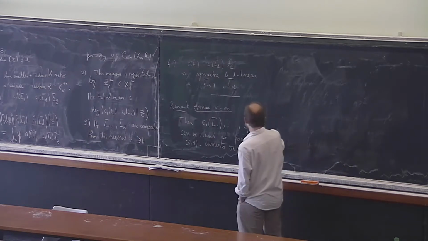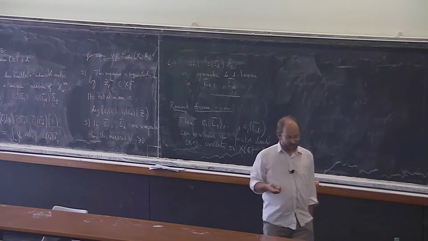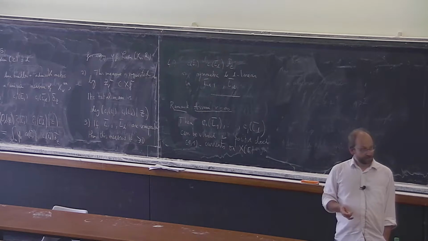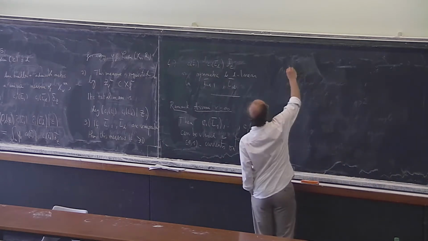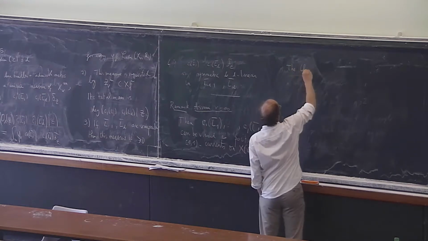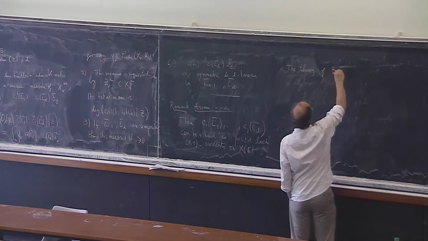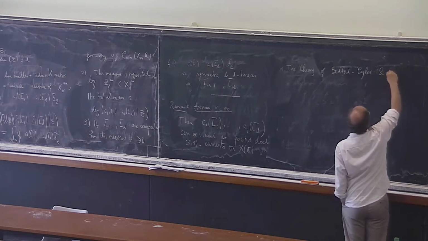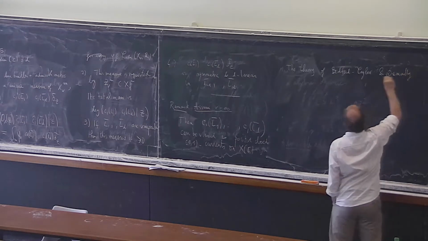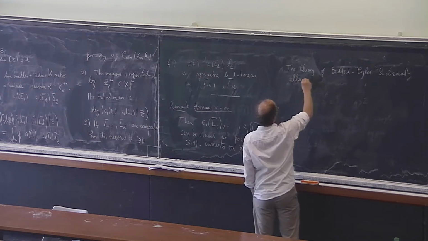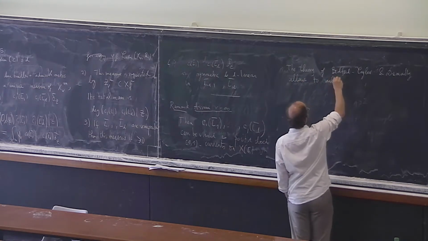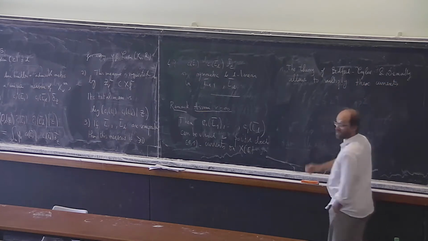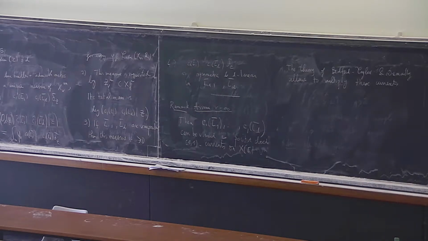These currents are defined locally as DDC of a continuous PSH function. And there is a theory due to Bedford, Taylor and Demailly which allows one to multiply these currents. In general, you don't have the right to multiply currents.